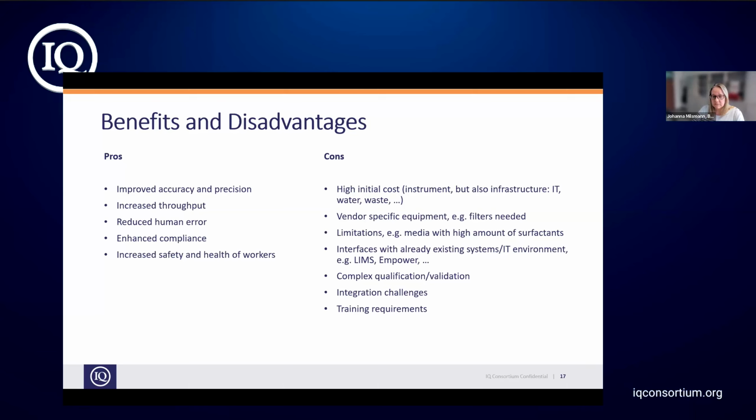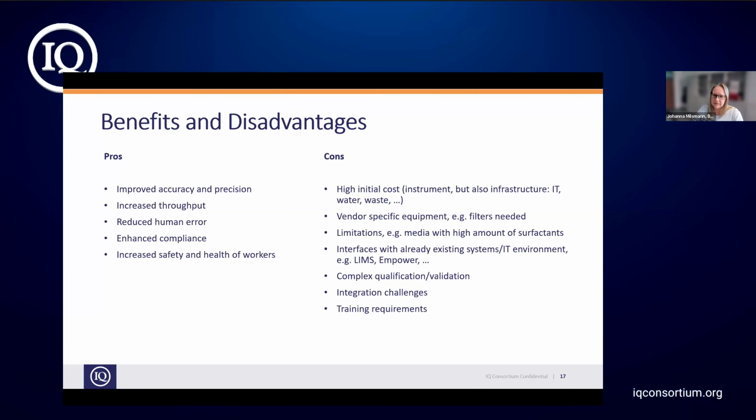The cons are the initially high cost. So in general, compared to just buying a standard dissolution device, fully automated systems are at least 10 times more expensive or even more.